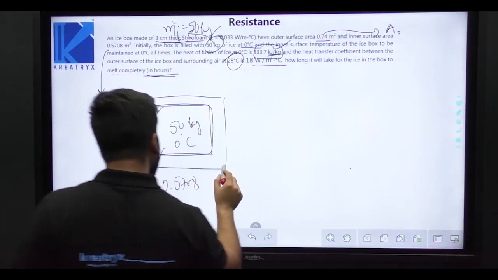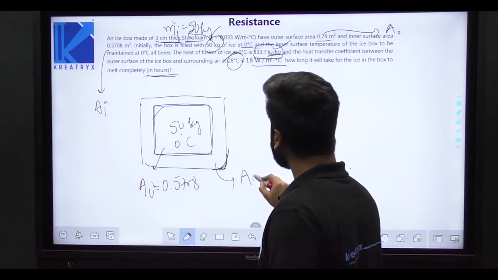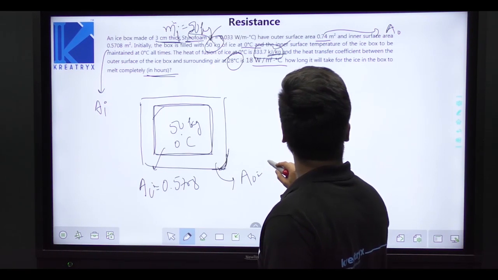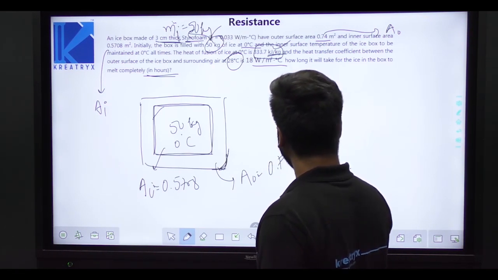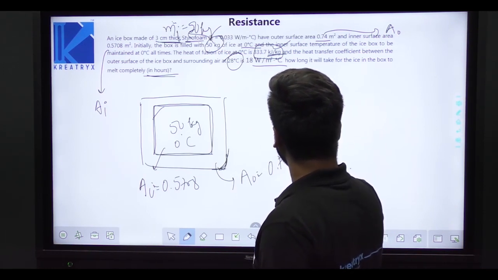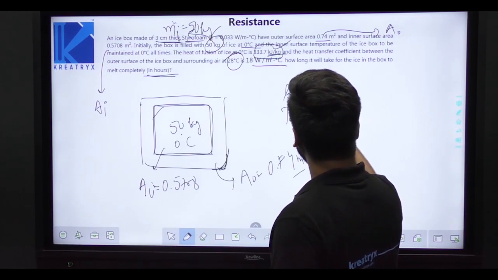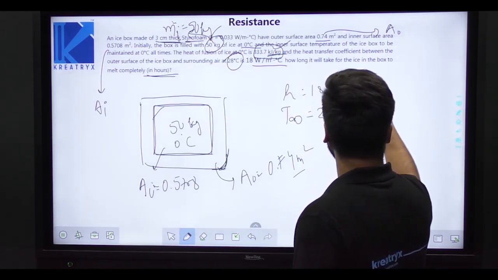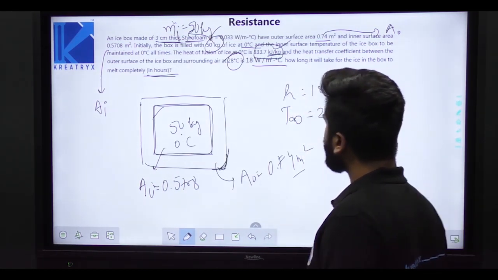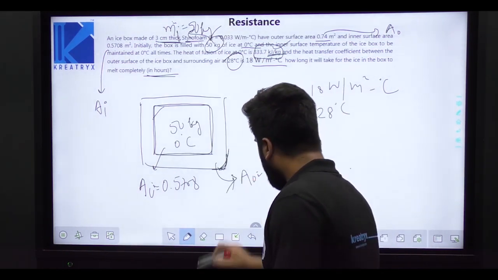The outer surface is 0.74 meter square, and T infinity, the surrounding temperature, is 28 degrees Celsius, and h is 18 watt per meter square degree Celsius.